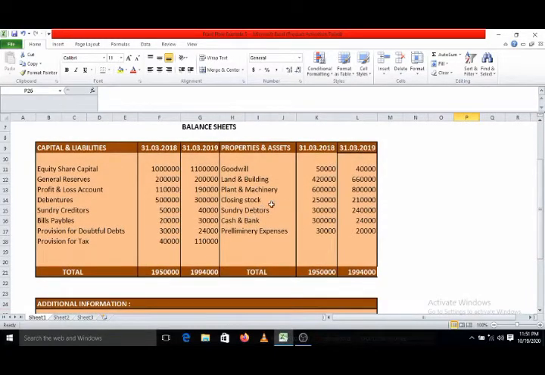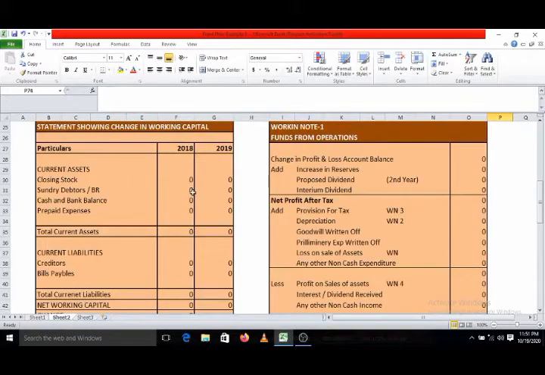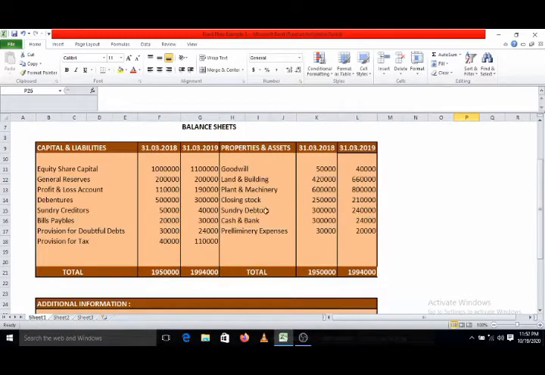Current assets: closing stock, sundry debtors and cash and bank. Closing stock is 2,50,000. Then debtors are rupees 3 lakhs. But in this example, one item called provision for doubtful debts is on the liability side.